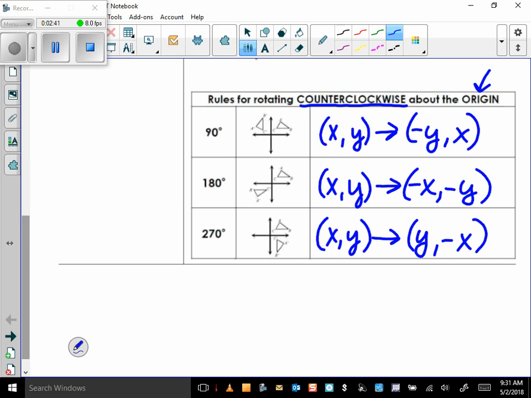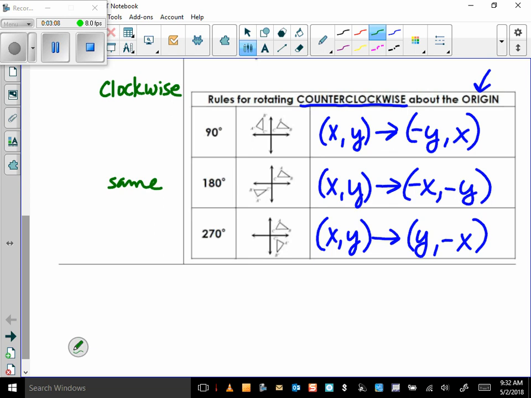It doesn't matter. So why am I only giving you rules for counterclockwise rotation? Well, think about this. How about 180 degrees? Does it really matter which way I go if I'm rotating 180 degrees? It's going to be the same. So clockwise, the rules would be the same. 180 degrees clockwise is the same as 180 degrees counterclockwise.